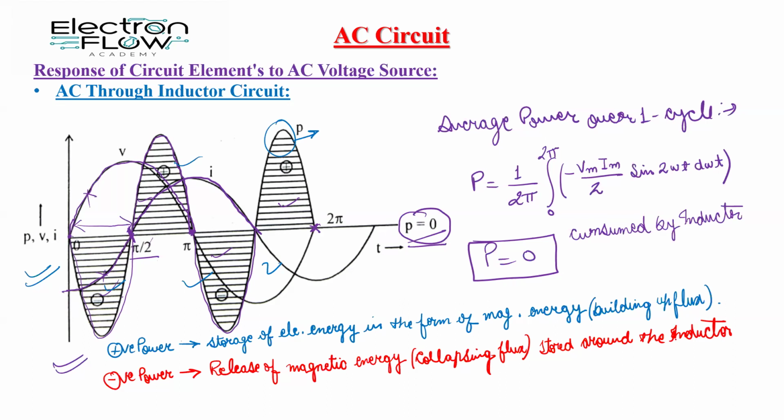Thus, that's why the average power is equal to 0. So this is the basic concept when a pure inductive circuit is connected across the AC source.